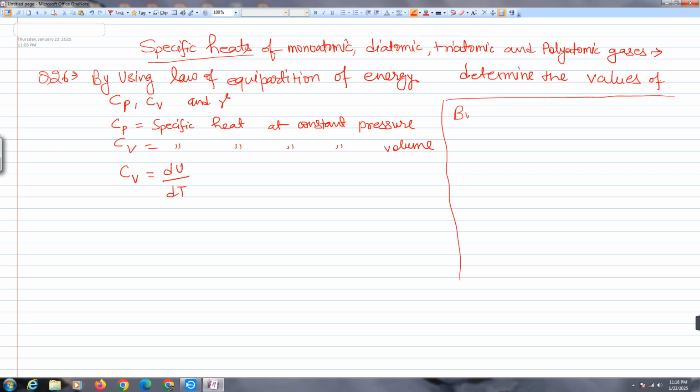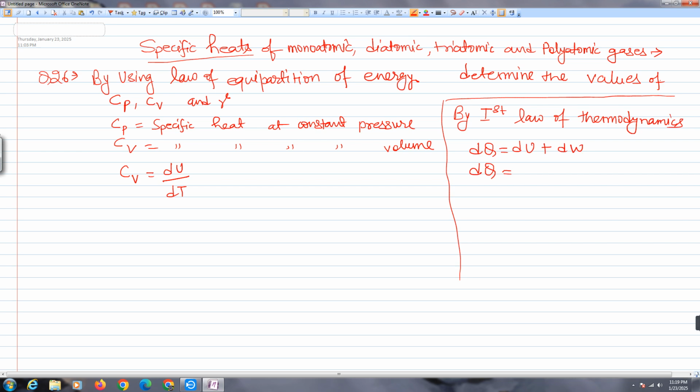So by first law of thermodynamics, we can write dQ is equal to dU plus dW, and this equation can be written as dQ is equal to dU plus P delta V, correct? So here we have to find the value of dU upon dT.